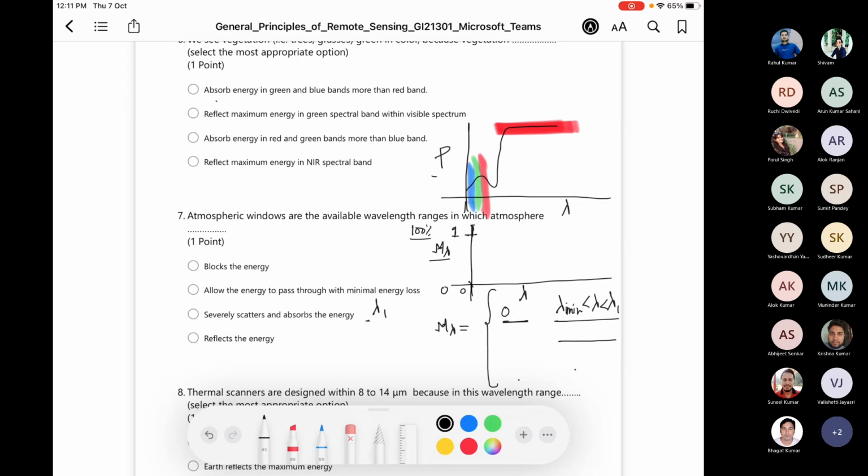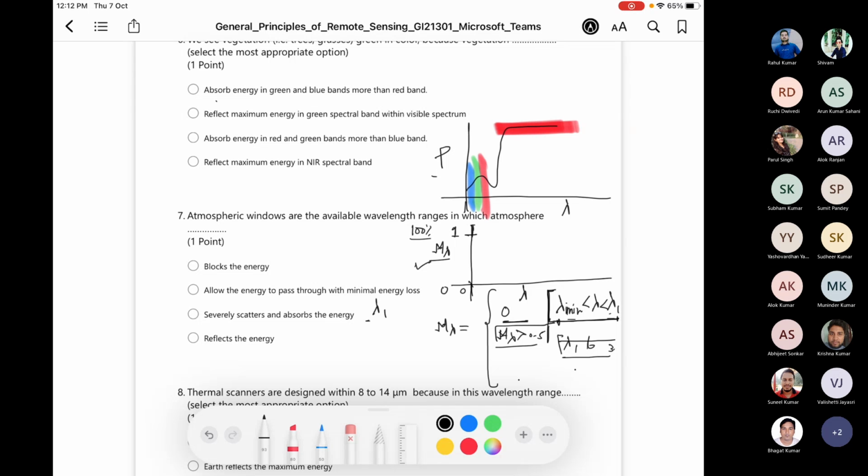Then the second. This range talks about the variation of lambda where we can say tau lambda is more than 0.5, some threshold value that you need to see from this atmospheric transmission versus wavelength curve. The segments you are deciding on the wavelength axis, lambda min to lambda 1, then lambda 1 to lambda 2, talk about the atmospheric windows.